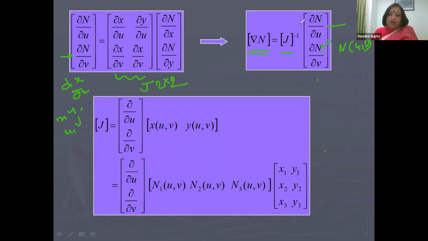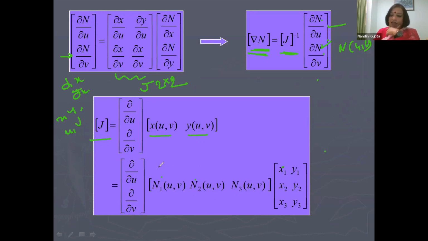So now we need to evaluate J. As you have seen in the previous slide, I need to evaluate grad N, and just like in the one-dimensional case, I need to evaluate J inverse. So let me try and find J. J used to be del del u of x. Now in 2 dimensions, J is del del u and del del v times x and y, where x is a function of u and v, and y is a function of u and v. Again, x and y are written as N1 times x1, y1 plus N2 times x2, y2 plus N3 times x3, y3.